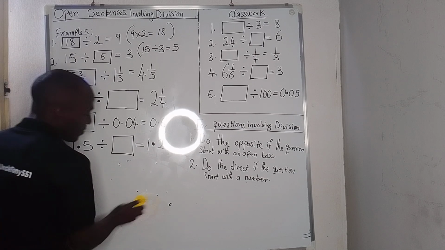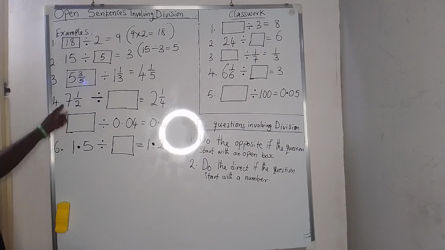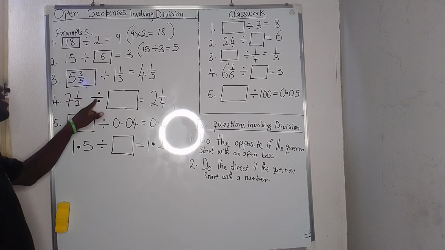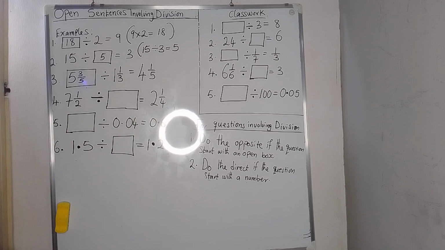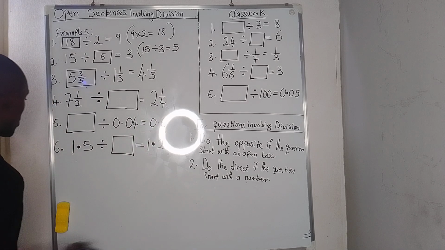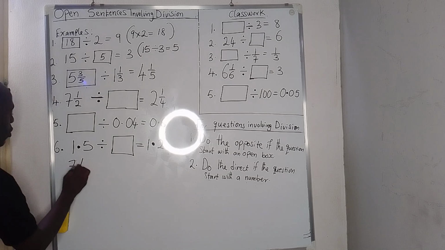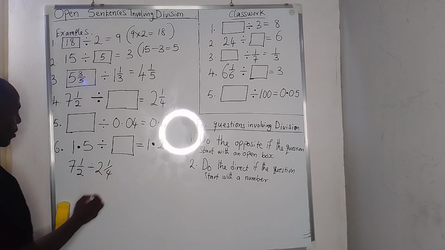The next question says 7 whole number 1 over 2 divided by an open box is equal to 2 whole number 1 over 4. The question starts with a number. Do the direct if you start with a number. So we have 7 whole number 1 over 2 dividing 2 whole number 1 over 4.